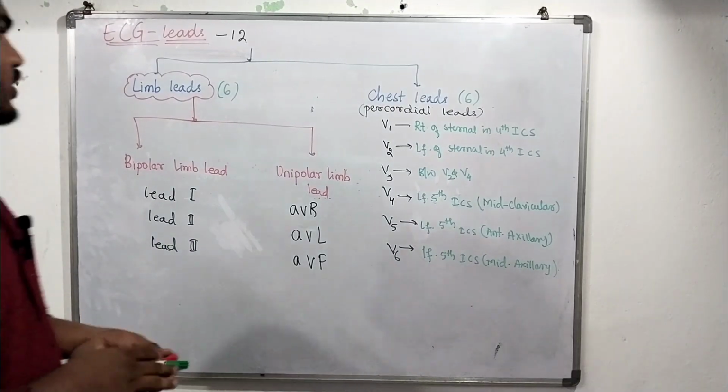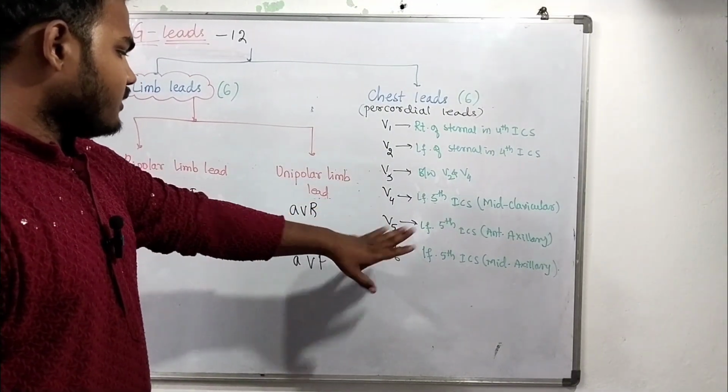These are the exact locations of V1, V2, V3, V4, V5 and V6.